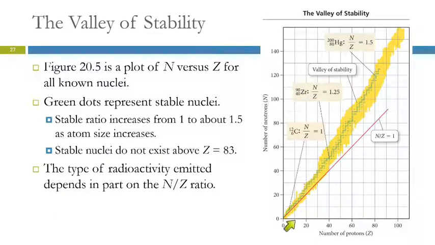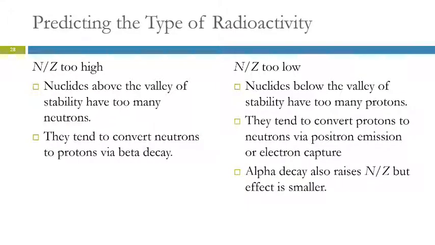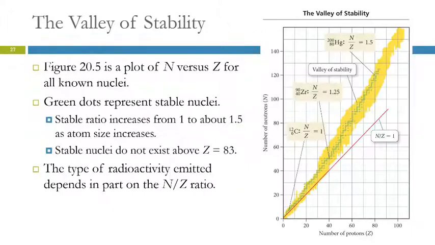They form kind of a line through here, and this region is called the valley of stability. It's like when we talk about things being lower in potential energy, being stable. So this would be the valley where everything goes down and becomes more stable.